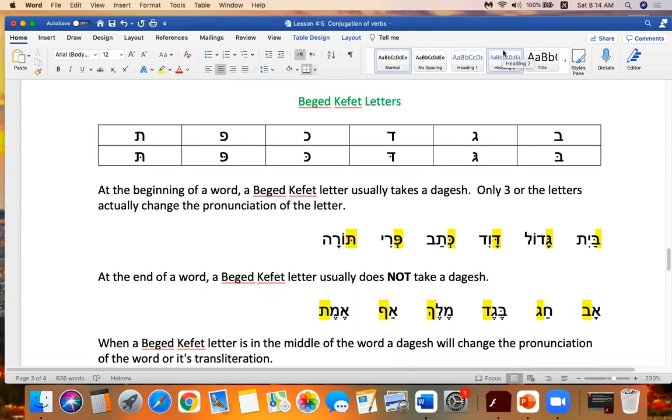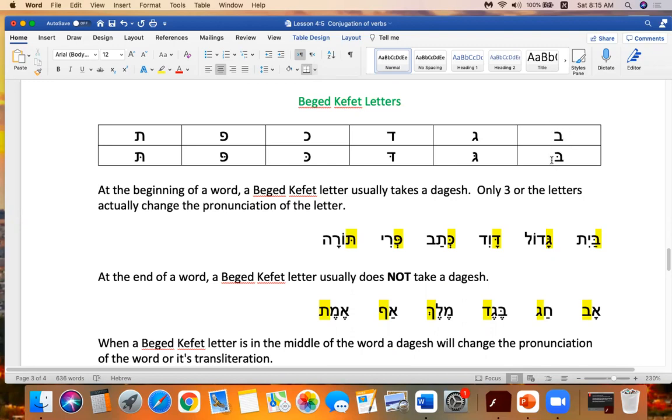Originally, all the Beged Kefet letters had a different sound when they had the dagesh in them. But through time, it's changed and they don't really all change the sound. The most familiar that we know are the vet and the bet. That's a beged, that's the B, okay, for beged. So it's a vet when there's no dagesh and there's a bet when it's a dagesh, but technically this is just one letter.